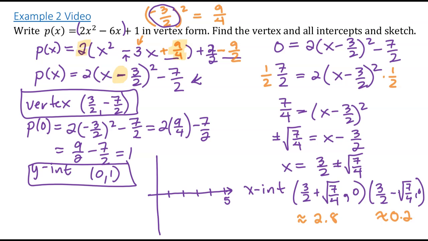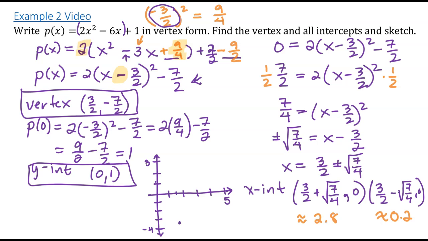And then my y's, what do I have? Negative 7/2 is really the main one that I need. And 0, 1. So let's go 1, 2, 3, then negative 1, 2, 3, 4. Okay, so vertex is at 1.5, negative 3.5.